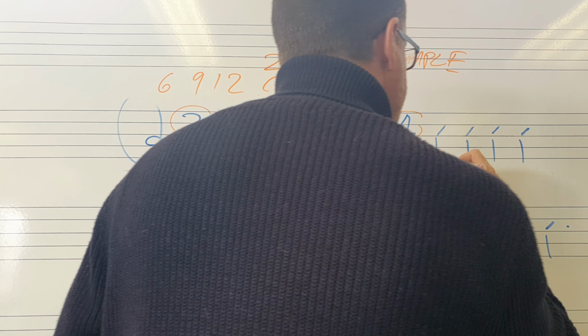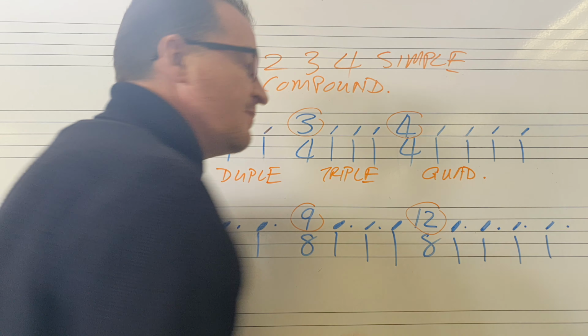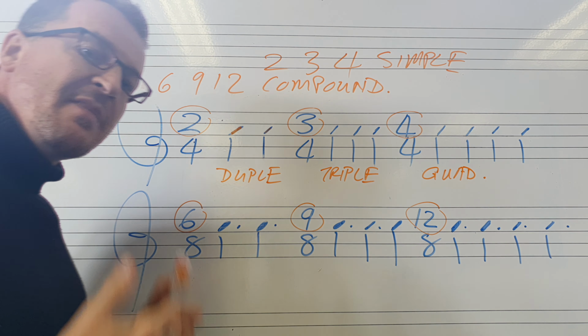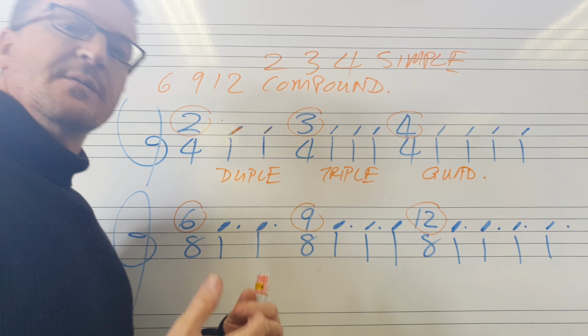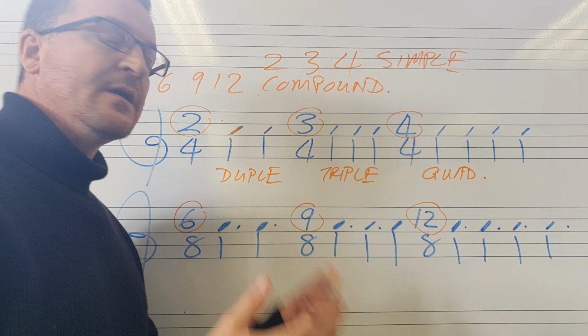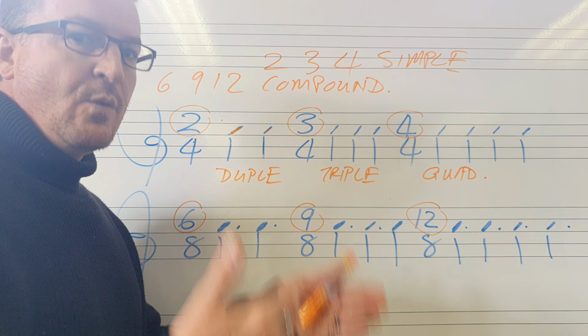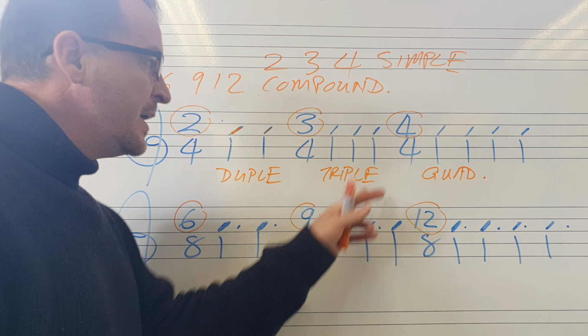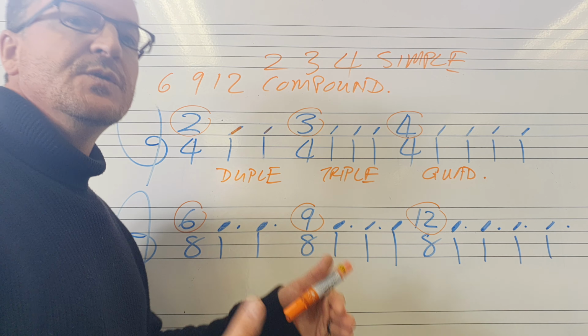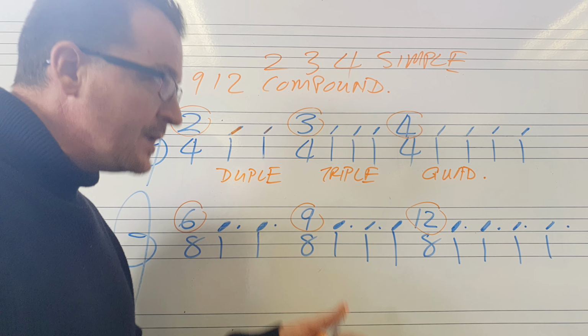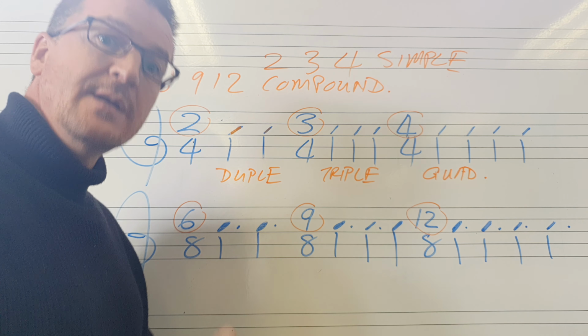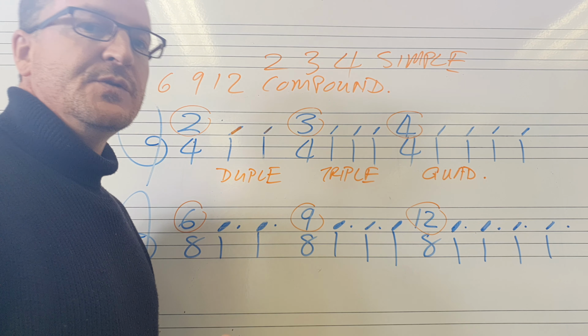And over here, this is quadruple, because there are 4 main beats. And by beats, I mean it's the part of the music you are feeling. You're feeling 1, 2, 1, 2. In triple, you're feeling 1, 2, 3, 1, 2, 3, 1, 2, 3. And in quadruple, you're feeling 1, 2, 3, 4, 1, 2, 3, 4.